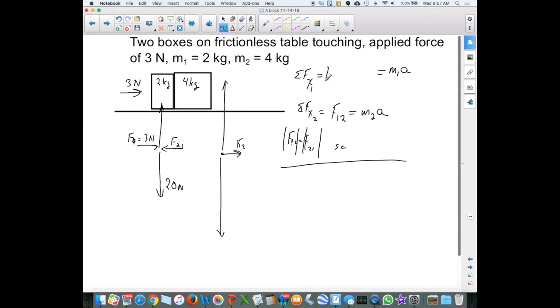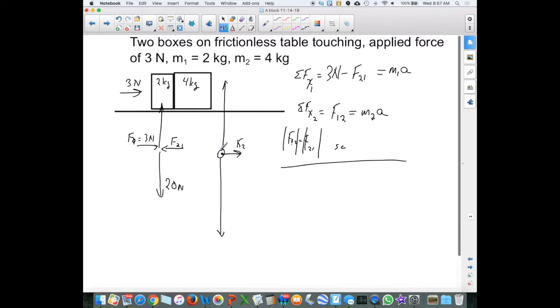So the sum of the forces on the first block is the applied force of 3 newtons minus the force that the block is being pushed back by. The sum of the forces in the x direction on the second block is F12, which is going to equal M2A.